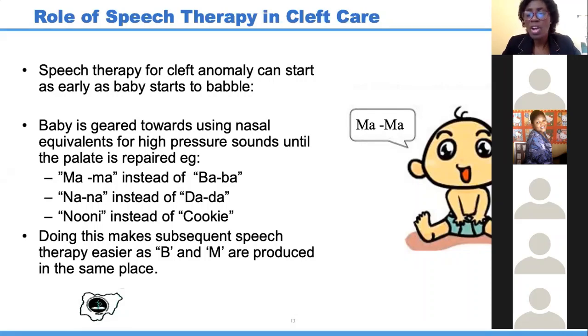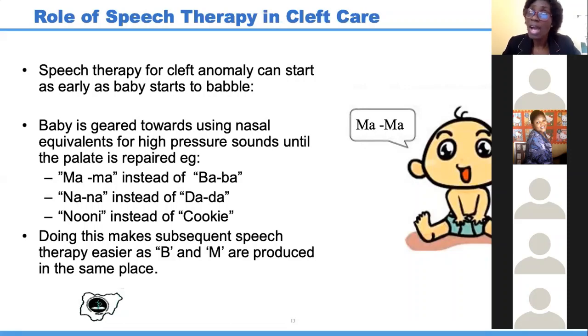So instead of encouraging such infants to say da, da, da, you encourage them more to say the nasal equivalents of baba, like mama and baba. They are both bilabial production. But mama will be much easier for such a child to pronounce.